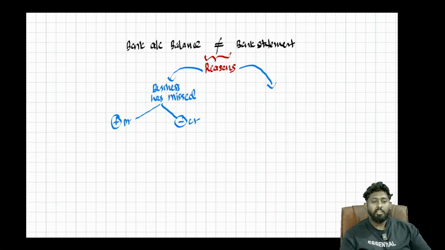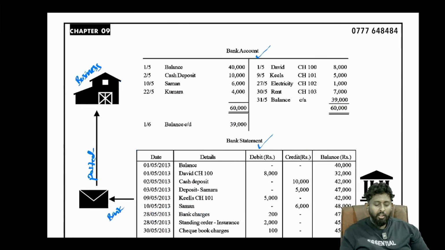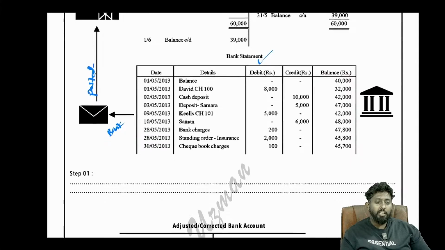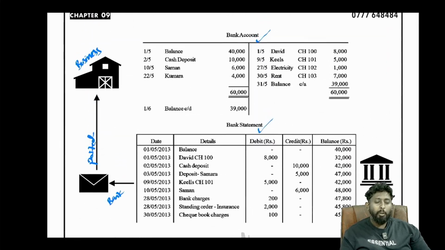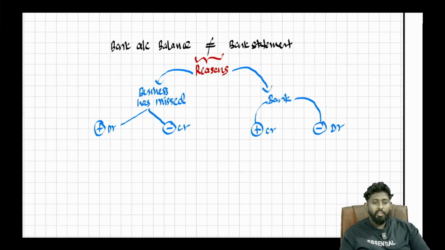The other reason is that the bank has not added what is credited and has not deducted what is debited. Here I'm going to teach you how to prepare this BRS using two steps, but before we prepare this, let's understand why the bank account balance and the bank statement balance are not the same.